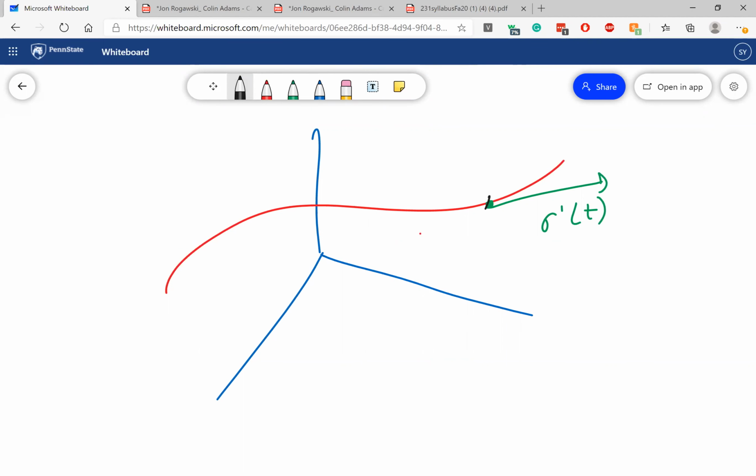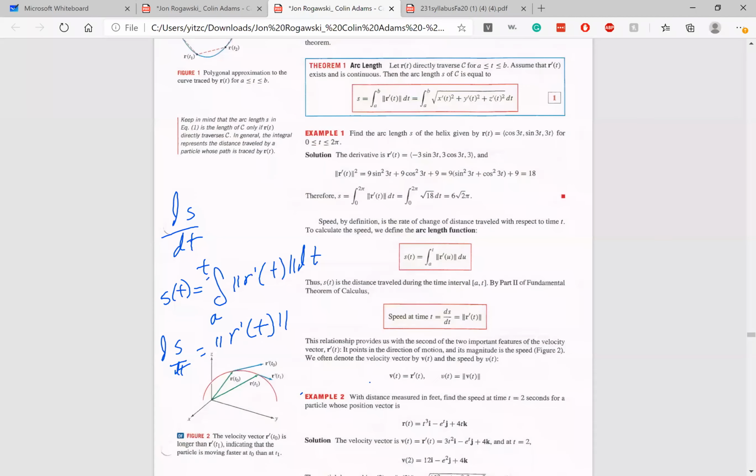If I let the particle off the curve, it would start going in that direction. But at what speed? The answer is that you take the magnitude of this, and that will give you the speed at the point t. And that is this formula: ds over dt is the magnitude of r prime.